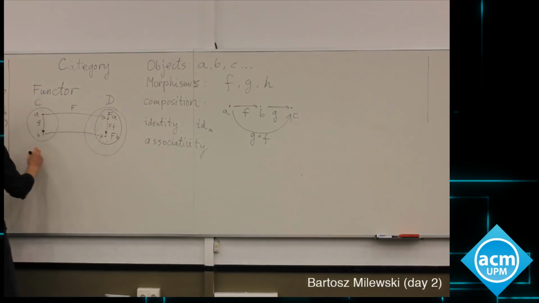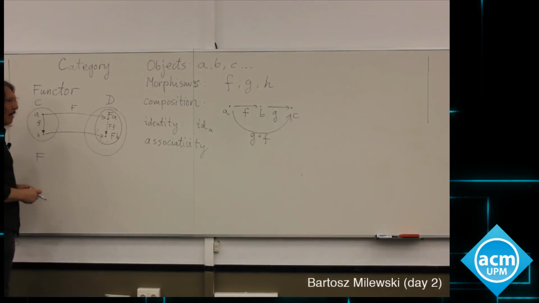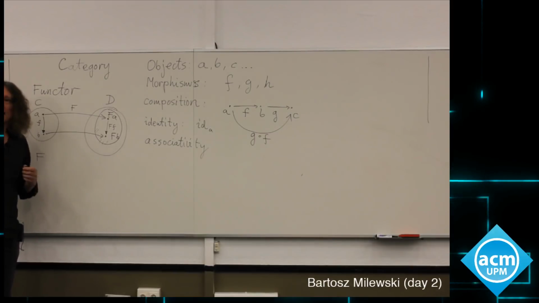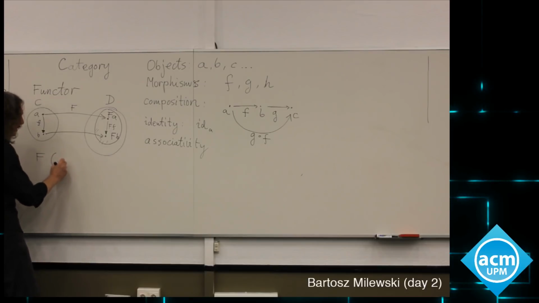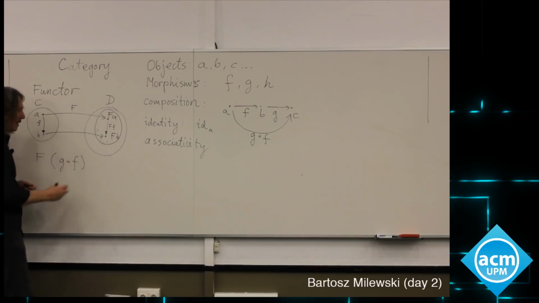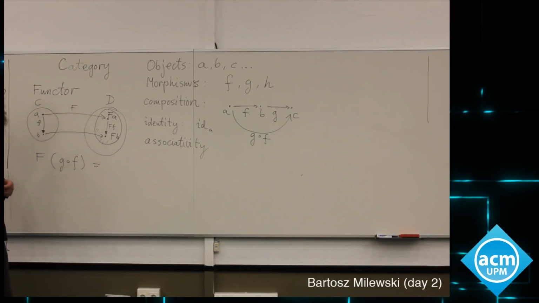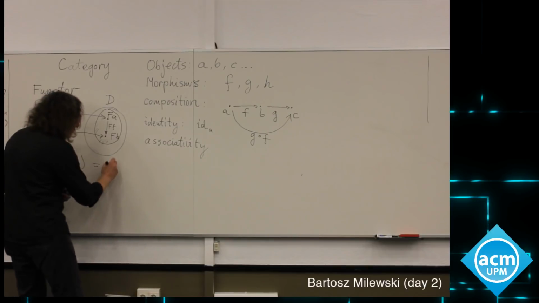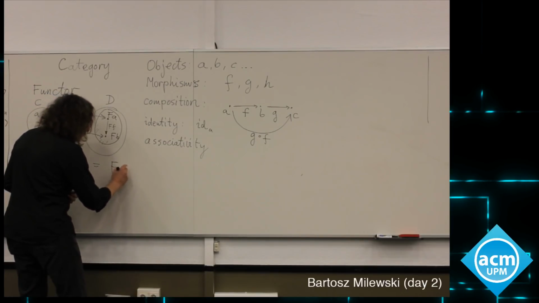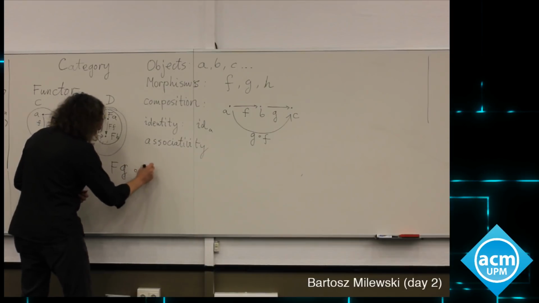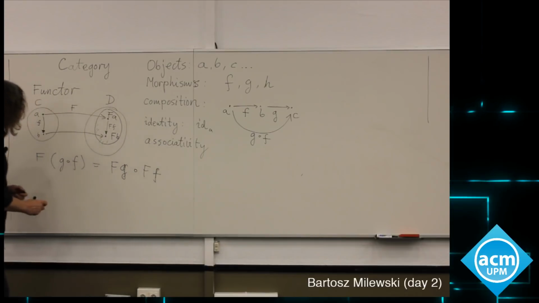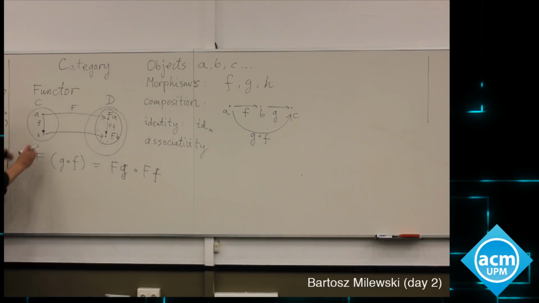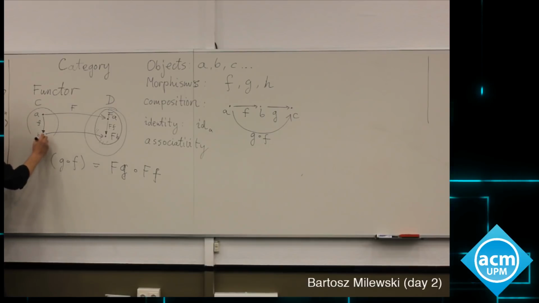So if we apply a functor to a composition of two morphisms, let's apply the functor to G after F. Then we should get a composition of images of F and G. So it should be F acting on G after F acting on F. This is a small picture, so I always end up extending these pictures.